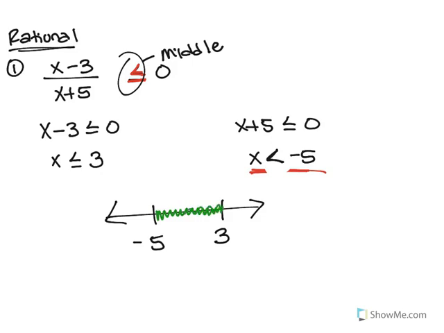But if I wanted to test a number, and I told you 0 is my prime pick, I would be testing the middle. So if you went back up and plugged in 0, you would get negative 3/5. Is negative 3/5 less than 0? Yes, so it's true. Does that make sense?